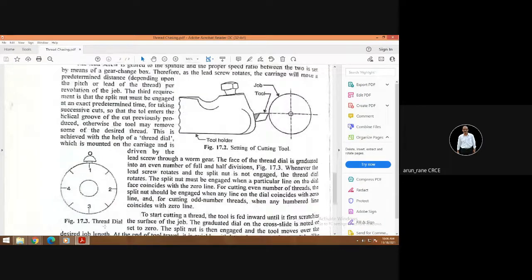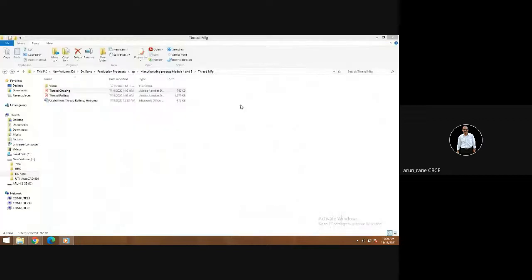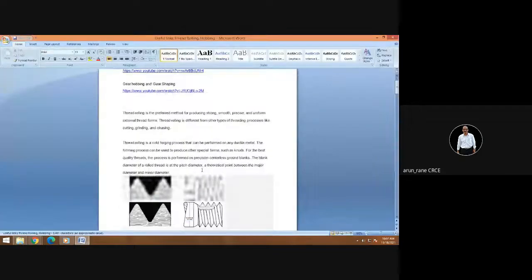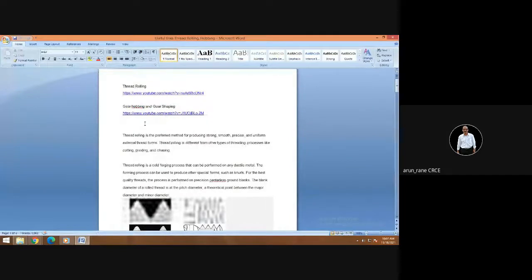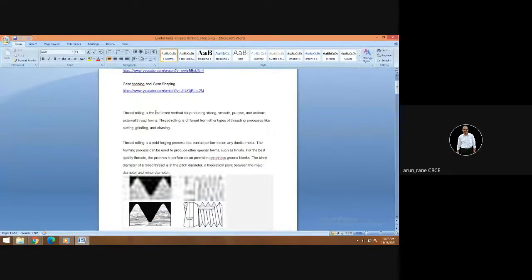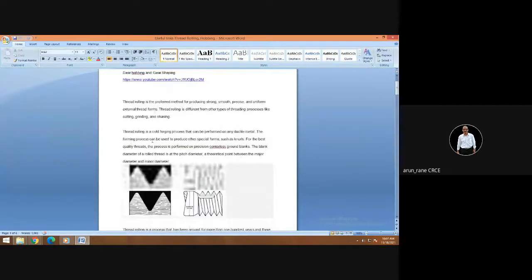And there is a thread dial which is used for picking up the threads. So thread rolling is important in thread manufacturing. And I will share some links for thread rolling, for gear hobbing and gear shaping, because videos will be difficult to upload. So you can go through these links.